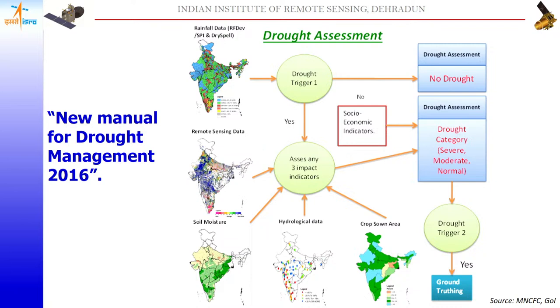Now come to the flow chart as depicted in the slide, the drought assessment at the pan India level. They basically compute the mandatory indicator and impact indicator. Based on the first mandatory indicator, then the impact indicator and ground information, step by step they do the assessment and finally assess how much area and which parts of our country are classified as severe to drought in a particular season.